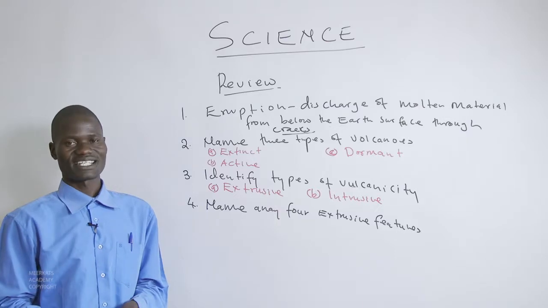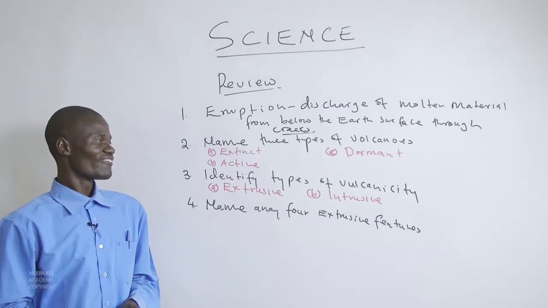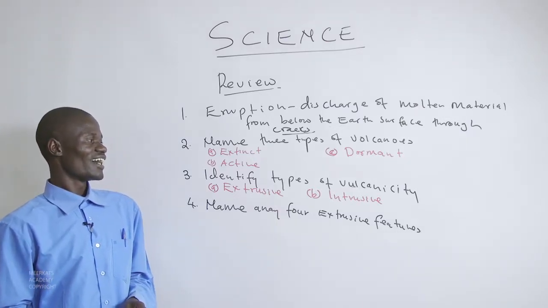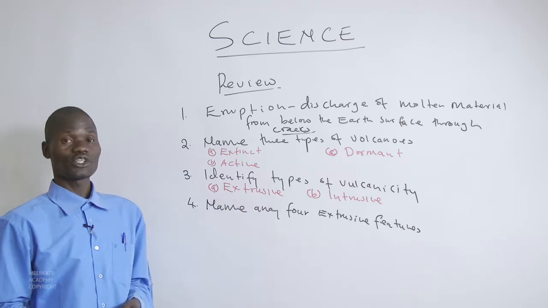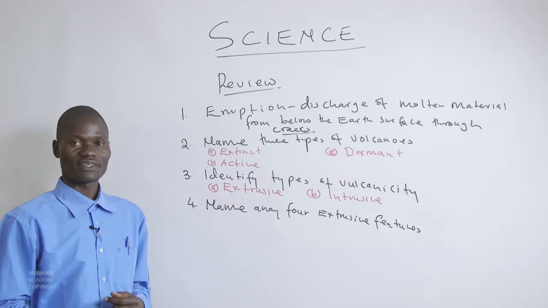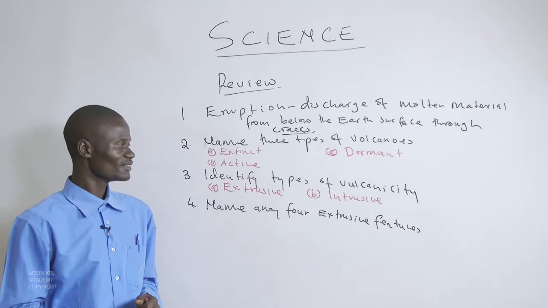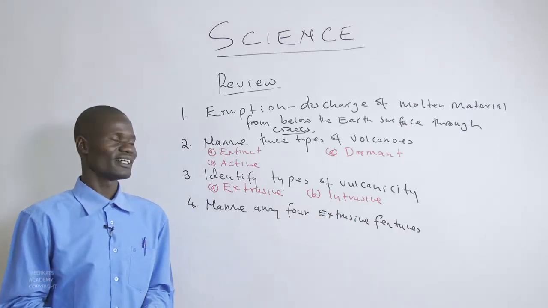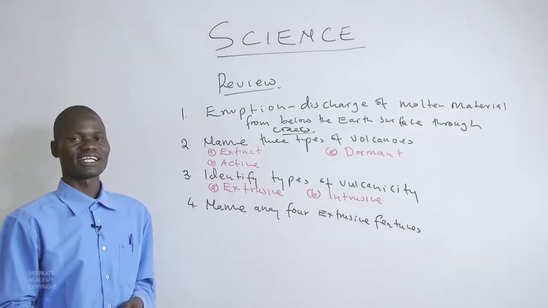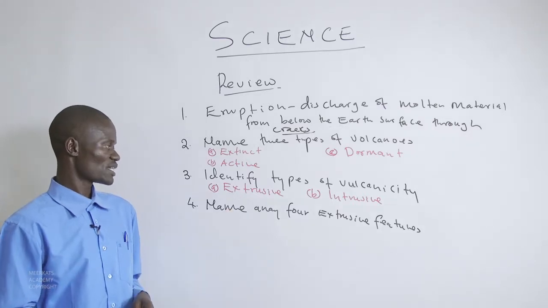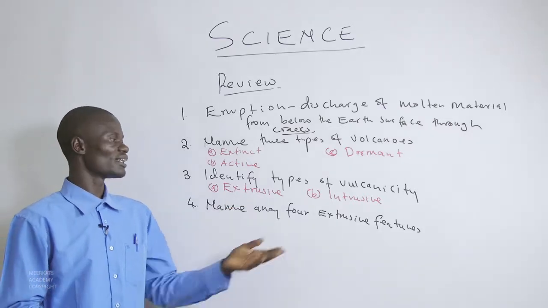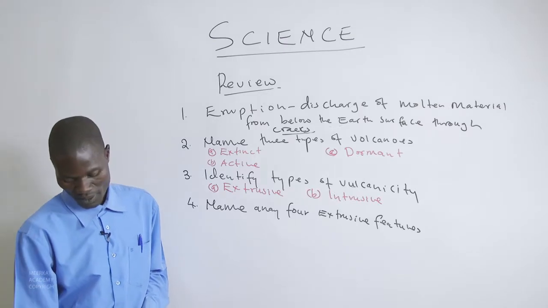Intrusive volcanicity. I hope you are in a position to explain what is intrusive volcanicity and, at the same time, extrusive volcanicity. We have two types here, extrusive volcanicity and intrusive volcanicity.